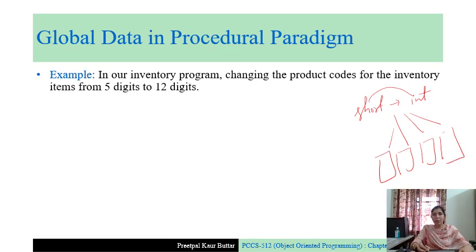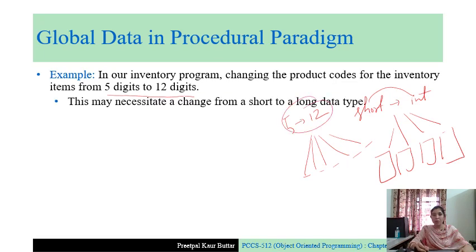In our inventory program, changing the product codes for the inventory from 5 digits to 12 digits is the same scenario. We are changing the code of the item from 5 to 12 digits and a number of functions are accessing it, so we have to modify all of these functions in order to handle this change in the global data item.